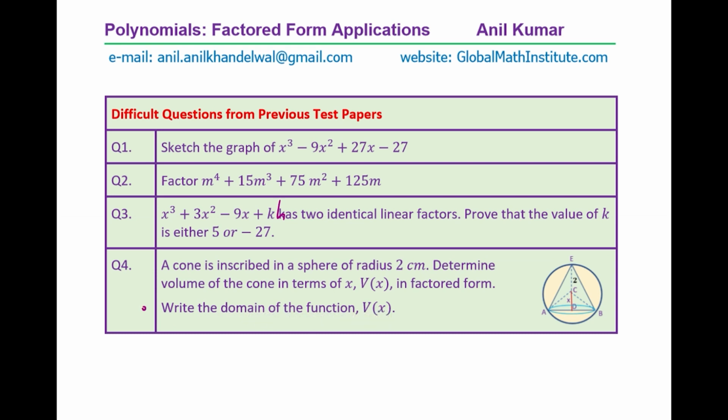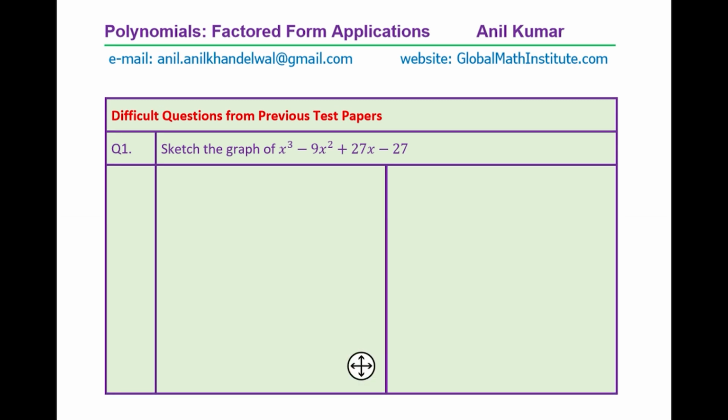You have to also write down the domain of this volume function. So we have shown you a cone inscribed in this sphere. You need to find the volume of the cone, right? So let's look into the first question and let's try to see how we solve it.